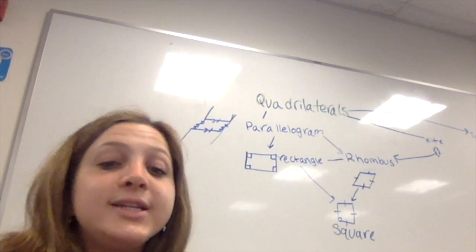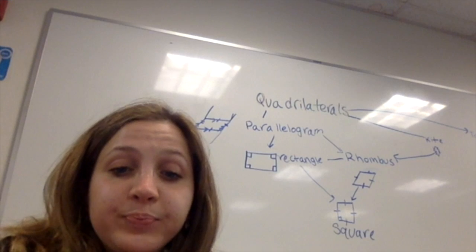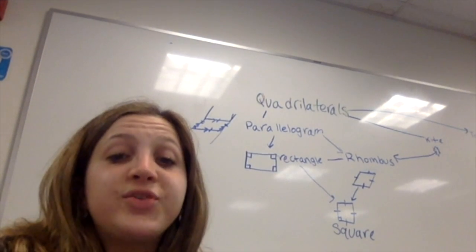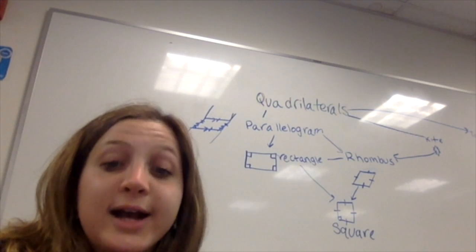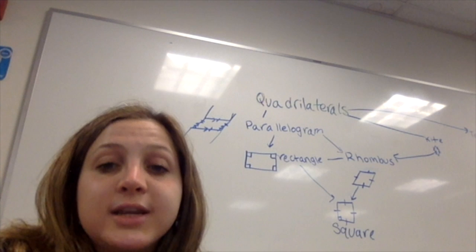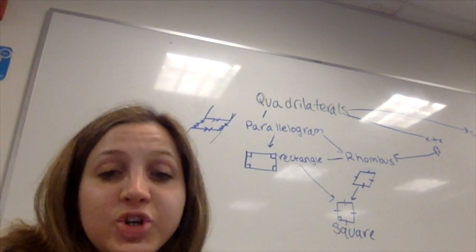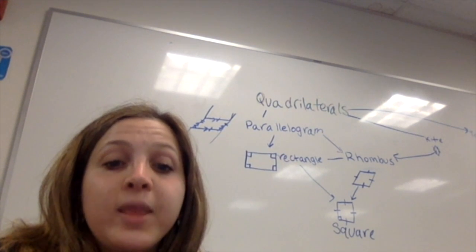Well, a rhombus can sometimes be a rectangle when its angles are right angles. As we have said, the defining attribute of a rectangle is that it's a quadrilateral that has all right angles. But because having right angles isn't a defining attribute of a rhombus, it isn't always a rectangle.